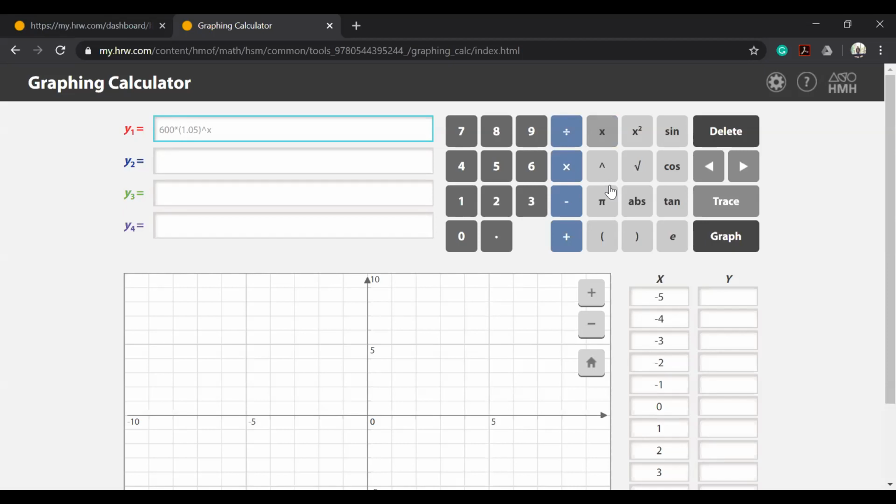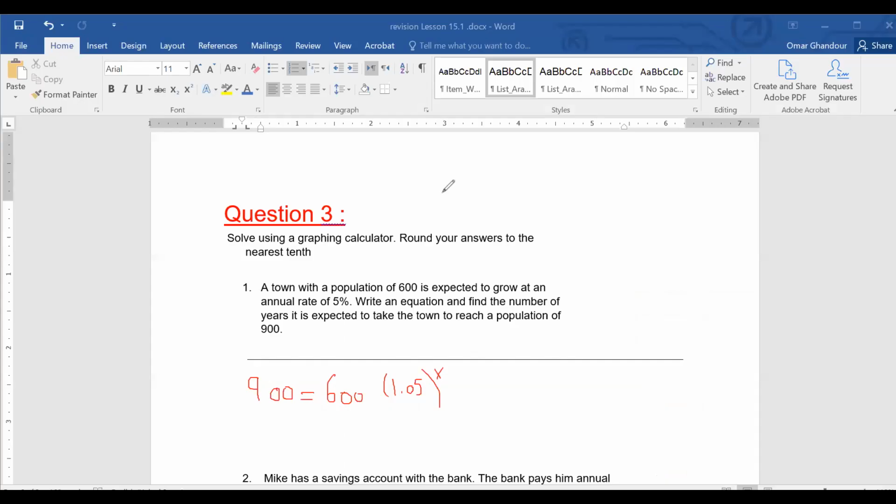There is no t here, so I named it x. And for the second function, it is 900. Actually, if you try to graph this right away, our graphing calculator span is very little and you will not find the solution. So it's better to make it simpler.